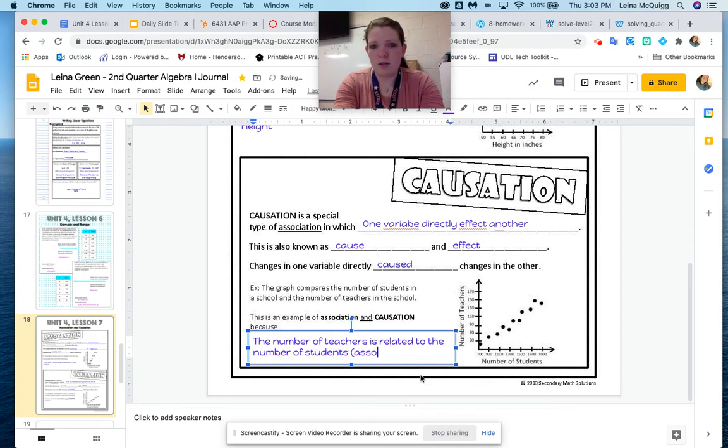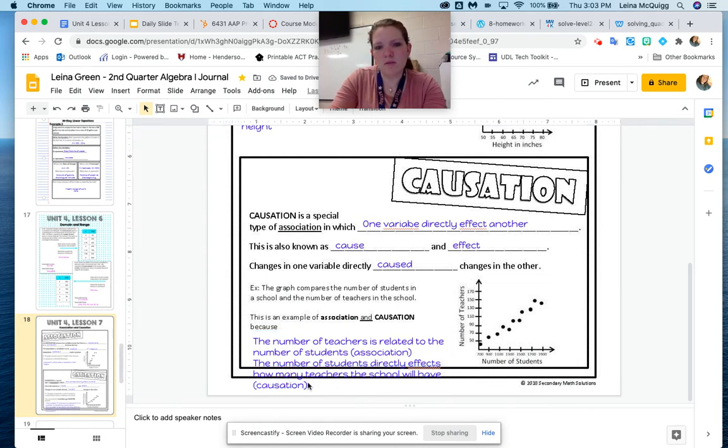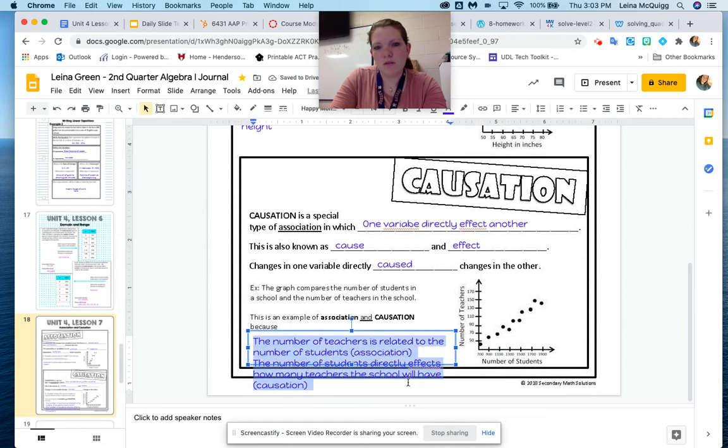And then it's causation because the number of students directly affects how many teachers the school will have. And this is causation. I'm going to make my text just a little bit smaller so you guys can see it a little better. You can pause the video and read that, okay?